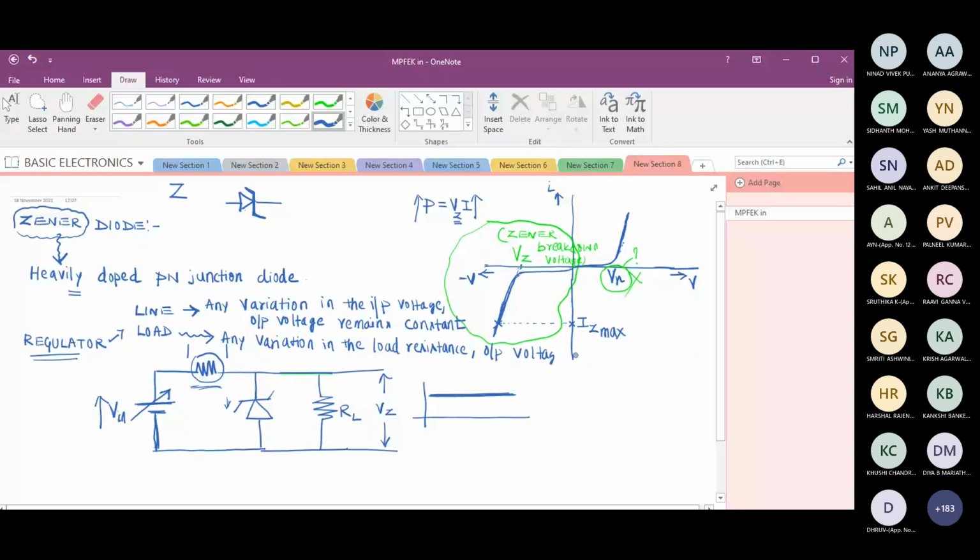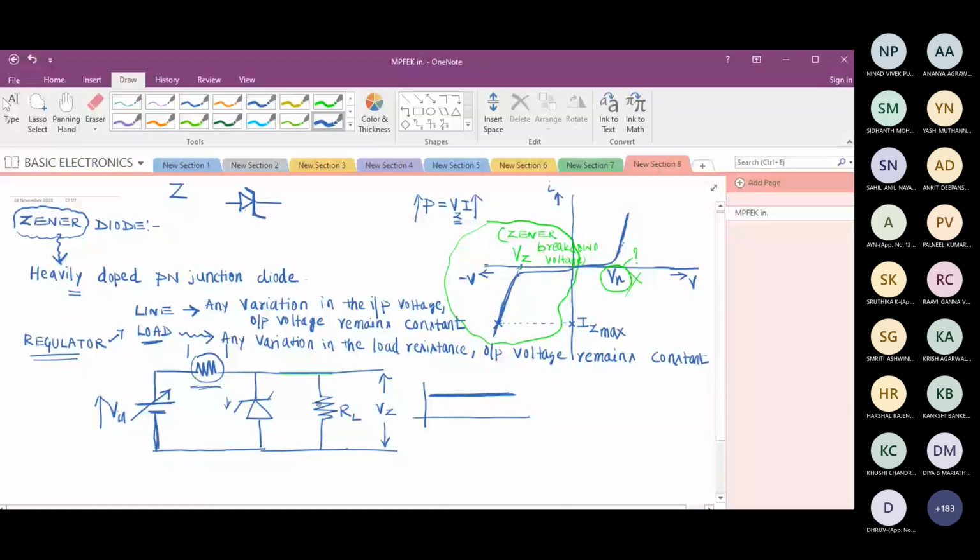Getting it? You find it difficult to digest. What is this load? Line, at least, are you getting what is line? Any variation in the line voltage, the input voltage is the line voltage, the output voltage remains constant. Load: any variation in the load resistance.